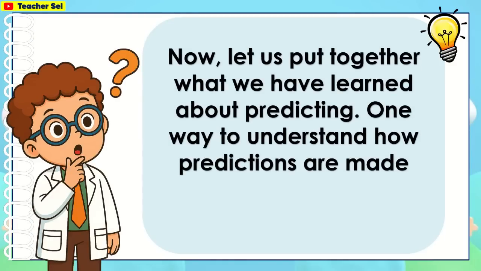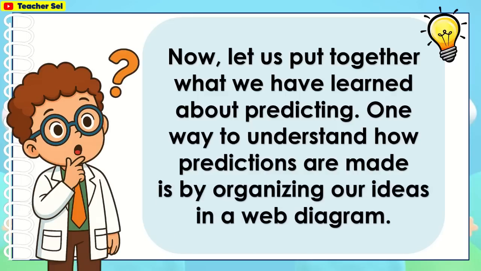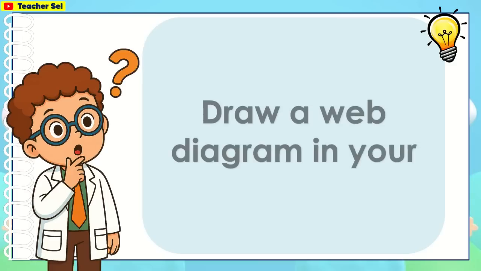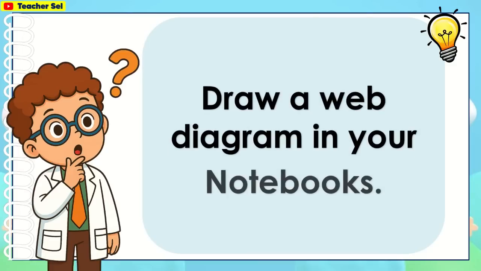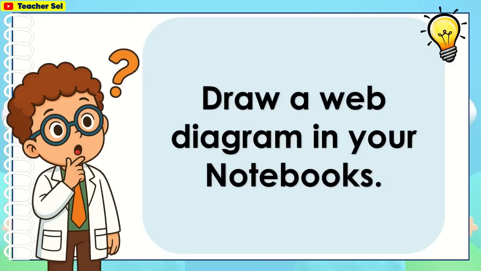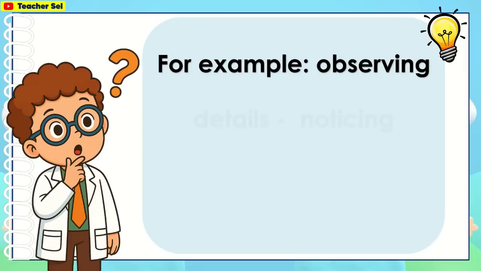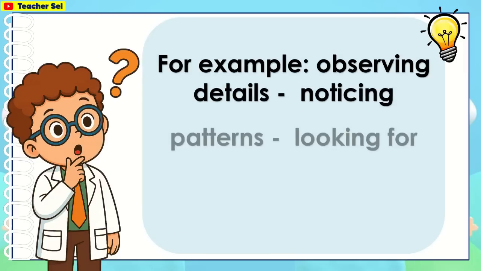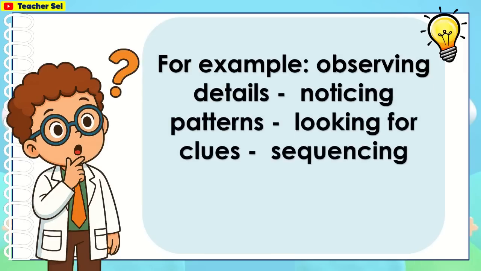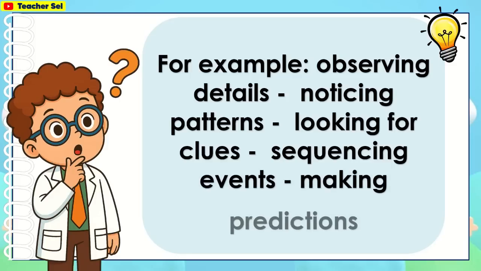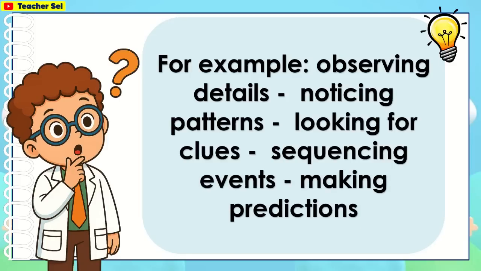Now, let us put together what we have learned about predicting. One way to understand how predictions are made is by organizing our ideas in a web diagram. Draw a web diagram in your notebooks. For example, observing details, noticing patterns, looking for clues, sequencing events, making predictions.